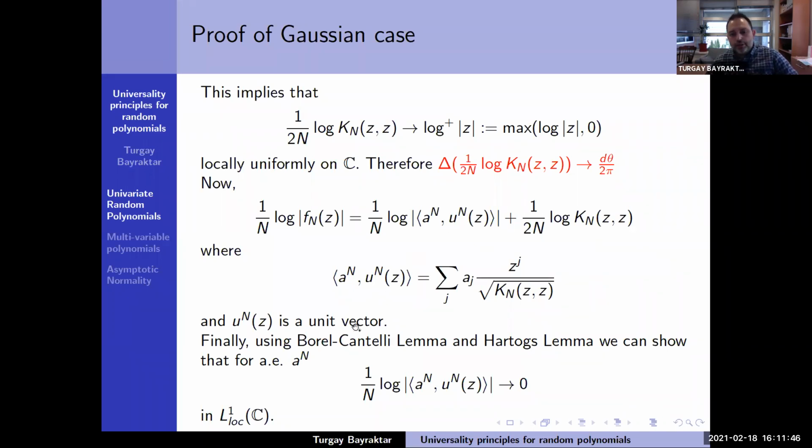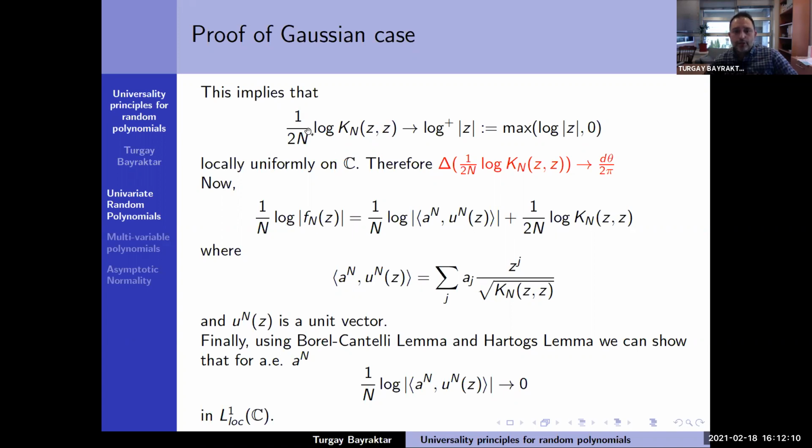Now you use some probability, like some sort of Borel-Cantelli type of argument here, to show that this term goes to 0 in the correct topology. Because eventually you will pass to Laplacians, and the Laplacian of this object is nothing but 1 over n times the zero measure of f_n.